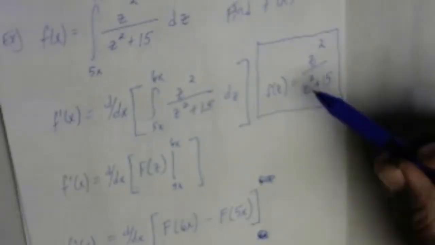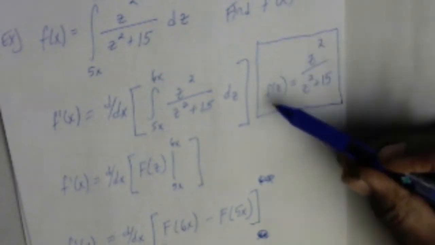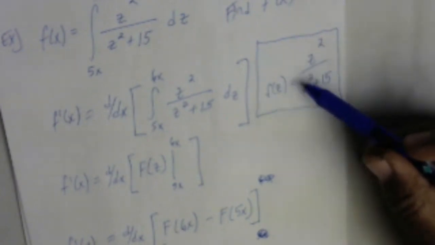So in order to find f of 6x and f of 5x, I would simply substitute those into my f of z function.